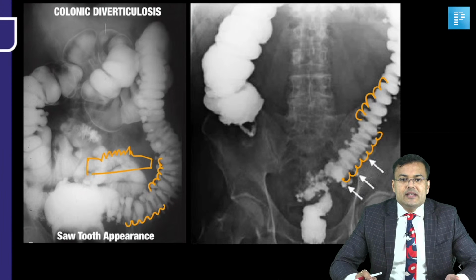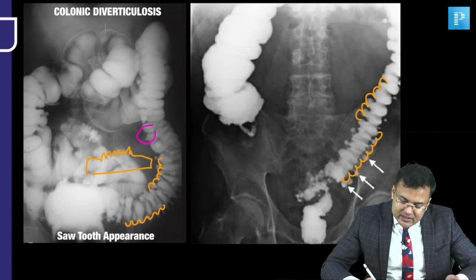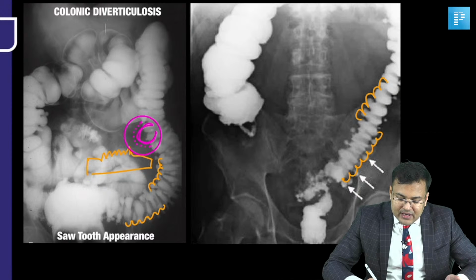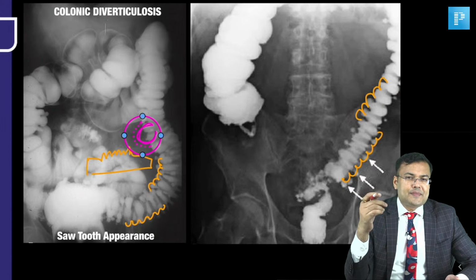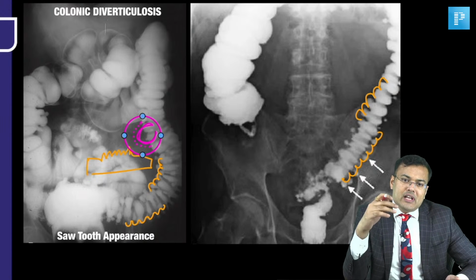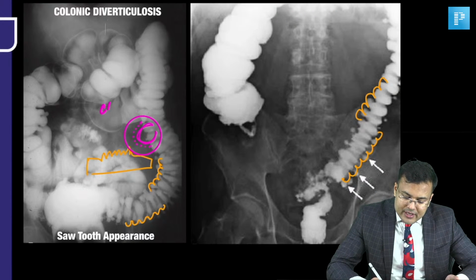Guys, it is CECT. Why? Because what is the problem? Suppose this is the diverticula. In the diverticula, there is perforation. So actually speaking, these patients have peridiverticulitis. Diverticular perforation causes inflammation around the diverticula, and that's why the investigation of choice for diagnosis is CECT.